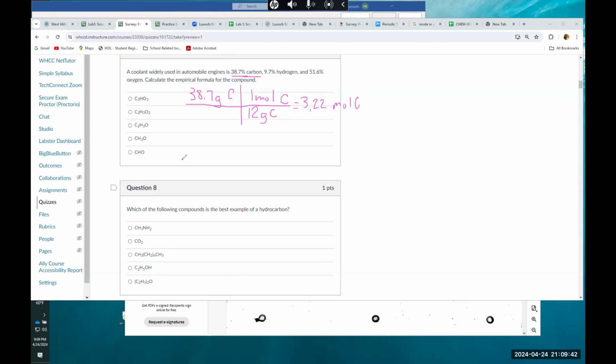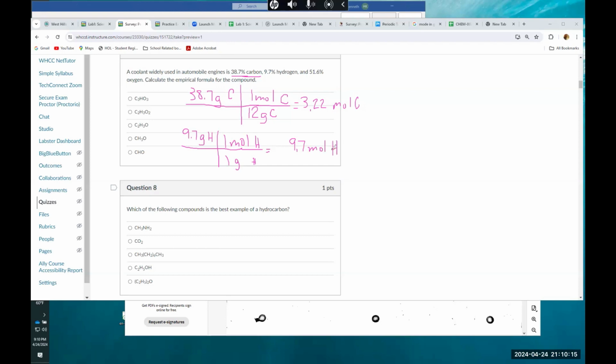And it's 9.7 grams of hydrogen. That's right. And then 1 mole. We could just round it to 1. It's just 9.7 moles H.